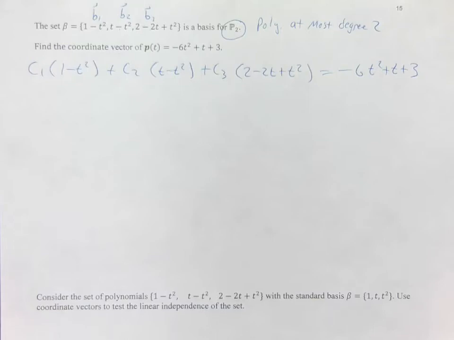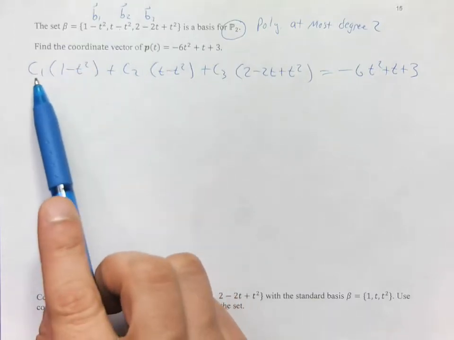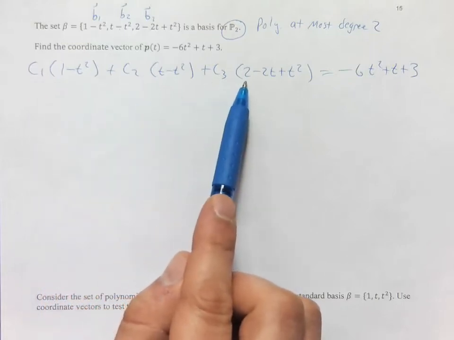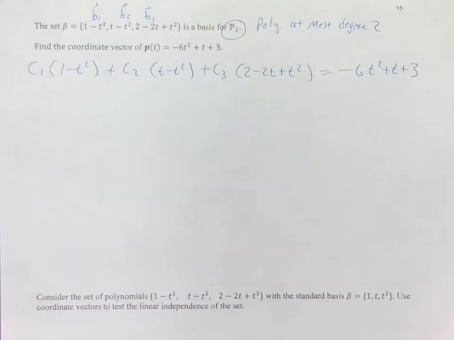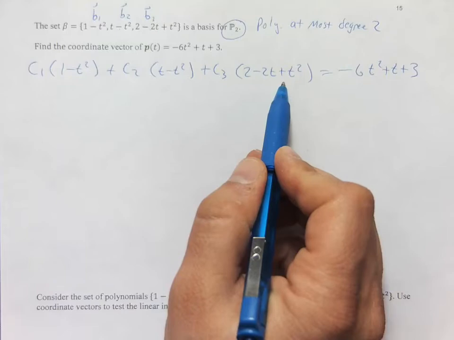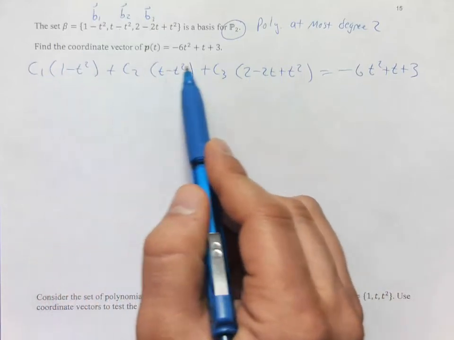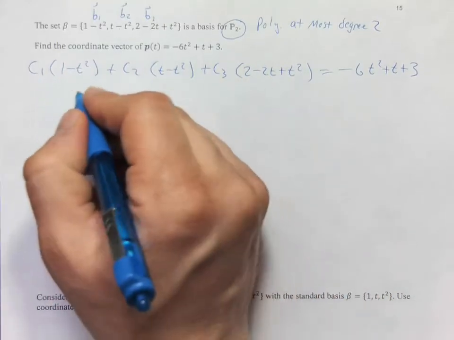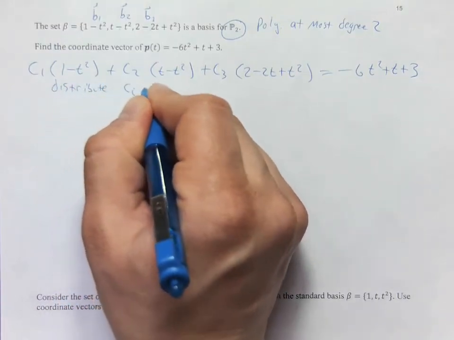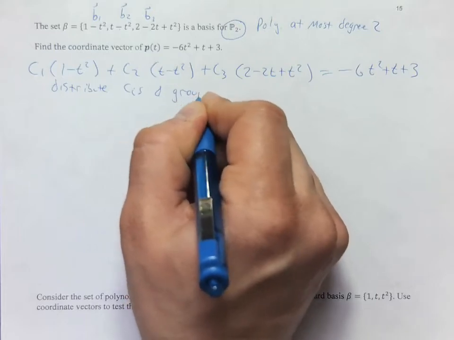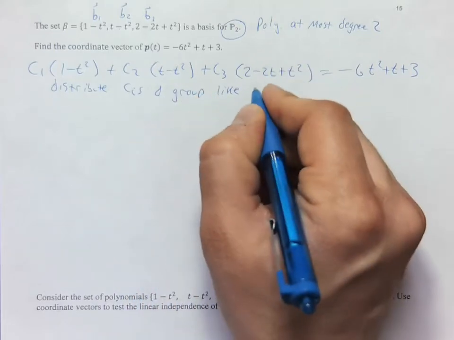Now, what we can do is distribute the C's through those parentheses, and then group like terms and see what we want the constant to be, the t constant to be, and the t squared constant to be. I'm going to skip some steps here, but you distribute the C's and then group like terms.